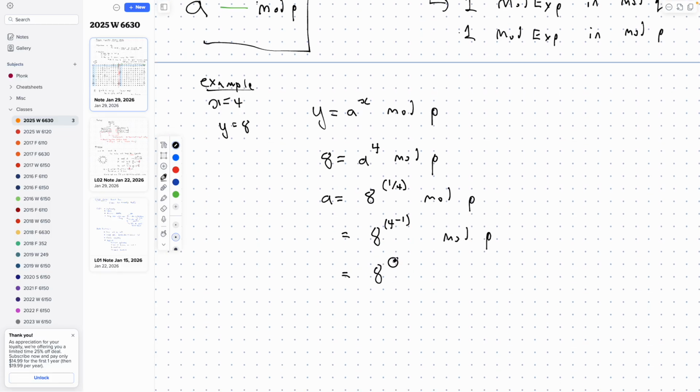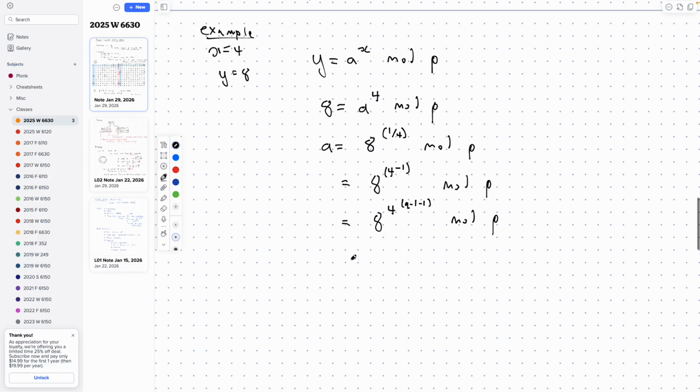Eight equals 4 to the q minus 1 minus 1 mod p. So we have 8 to the 4 to the q minus 2 mod p.